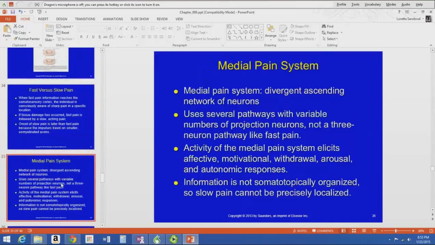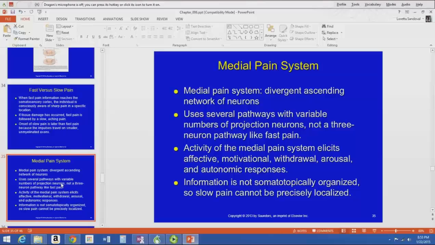So it's using several different neurons and several different pathways, not just a 3-neuron pathway. The activity of the medial pain system, that's what elicits the affective, motivational, withdrawal, arousal, and autonomic responses. So those are all those unconscious responses or those emotional responses that can make our pain better or worse.